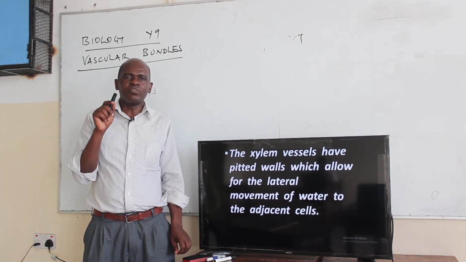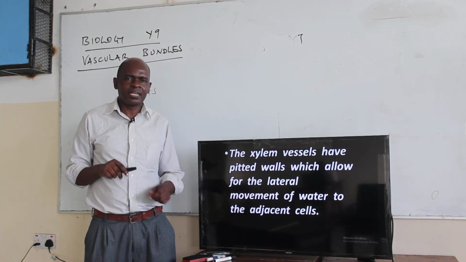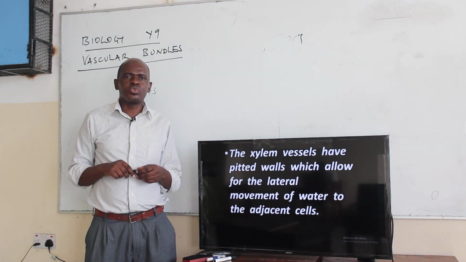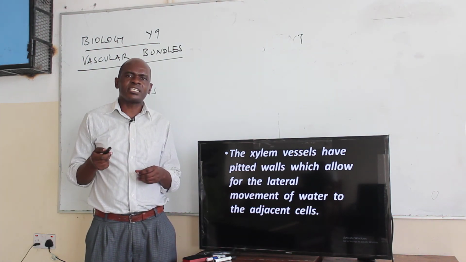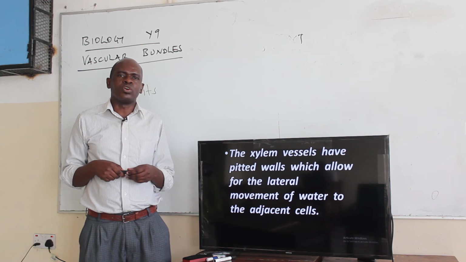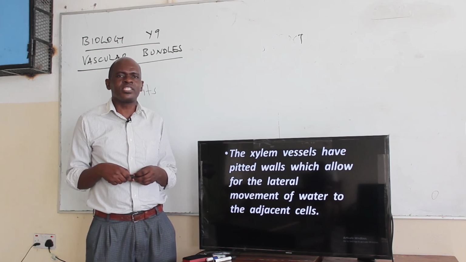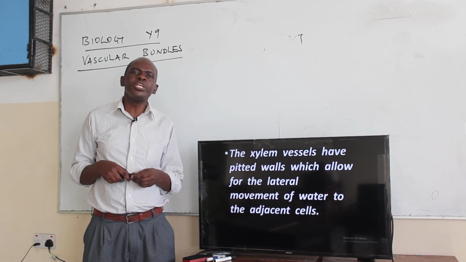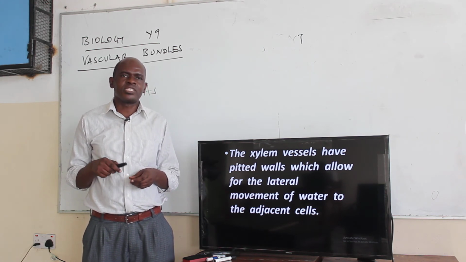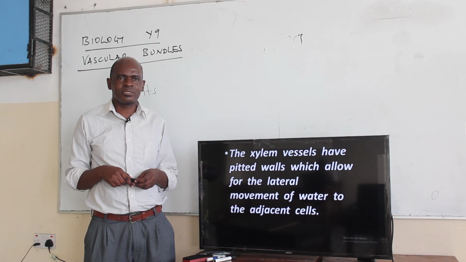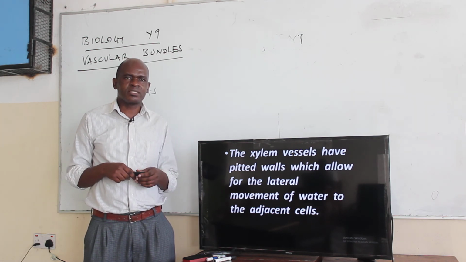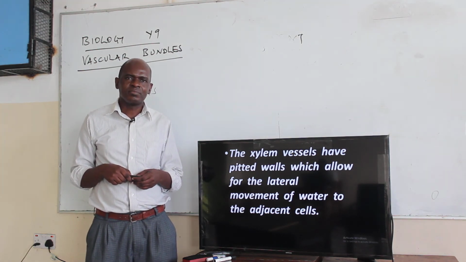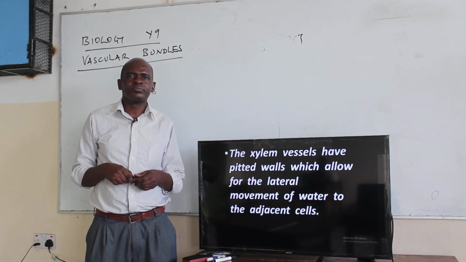Remember, one of the functions of water in the plant is to add some extra strength to the plant and also maintain the upright nature of the plant, especially the less woody plants, the shrubs and the herbs. If you look at the flowers in our gardens, they don't have wood.